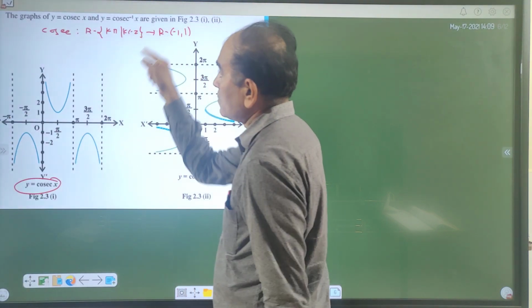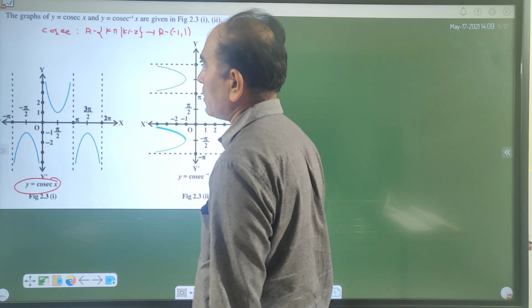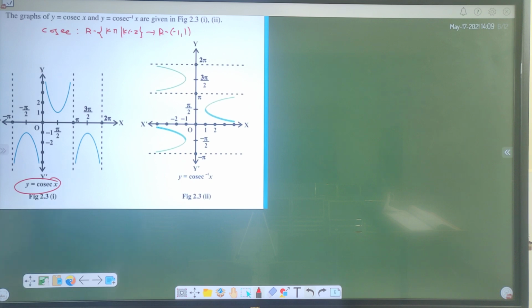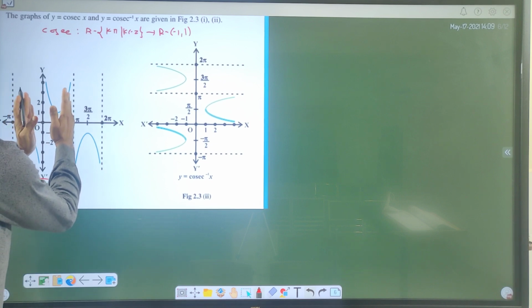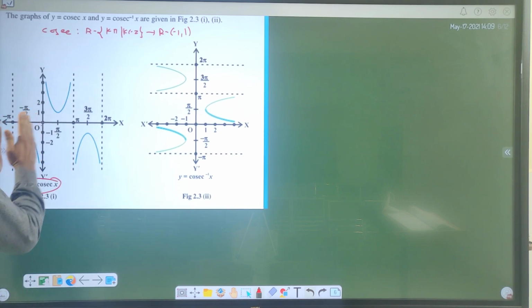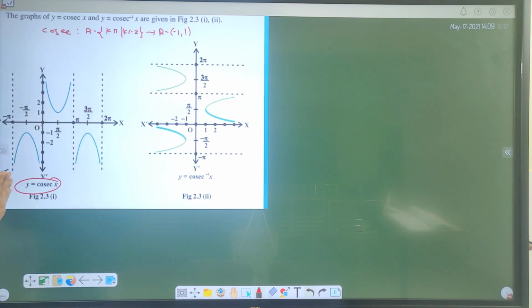This function is onto, but we need to restrict the domain for one-oneness. Now see here, observe the graph, here to here. If I take this boundary 0 to pi, that is not one-one. If I take minus pi to 0, that is also not one-one. Pi to 2 pi is not one-one.